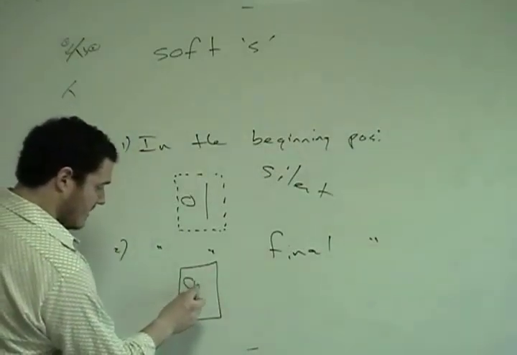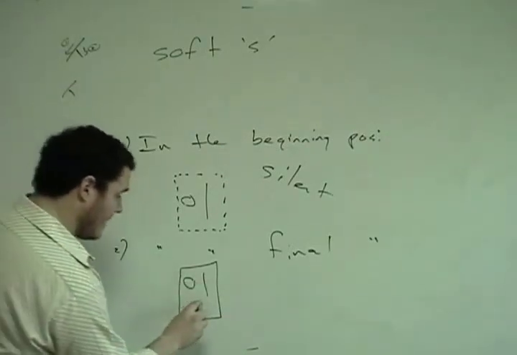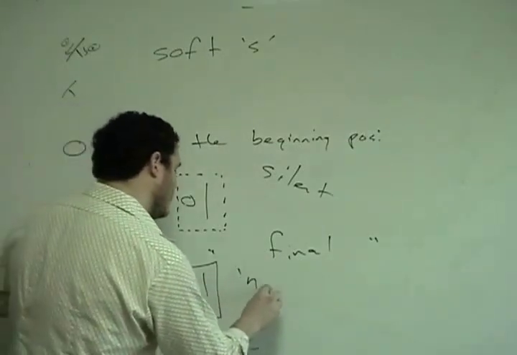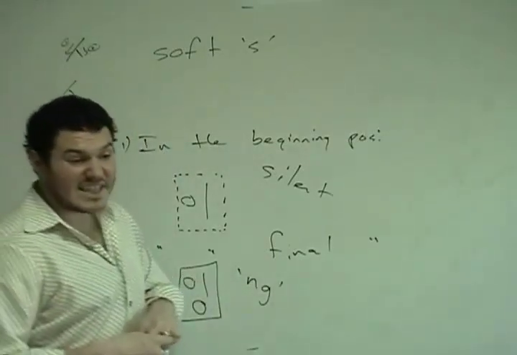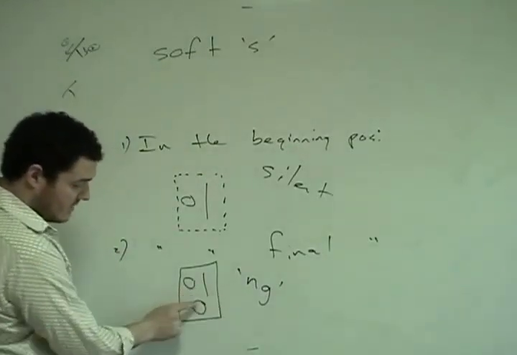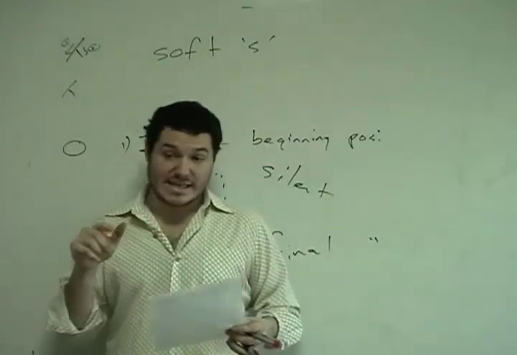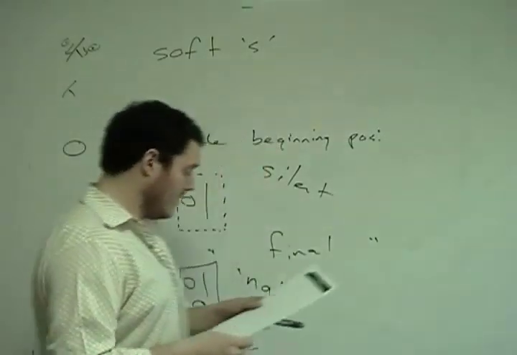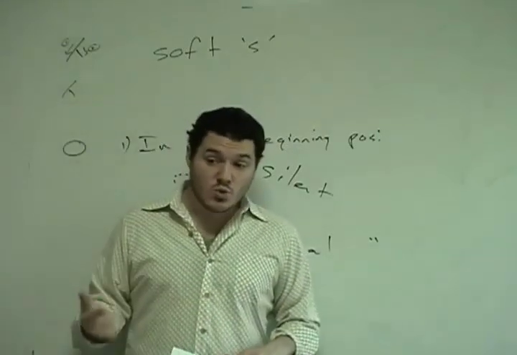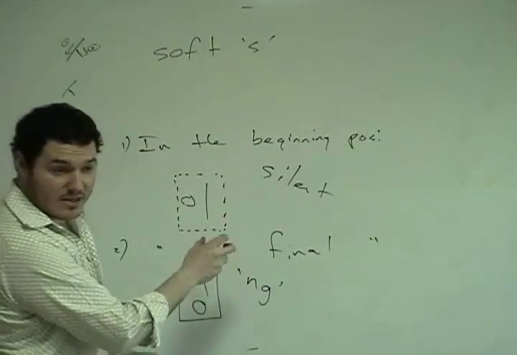Let's say we had this again, first position, silent, and then our E. If we have it in the final position of a block, then it is an NG sound. Here we have E. This would be ing. This vowel can change. You can have an ong and ung, but this thing in the bottom here is just the NG part of that.